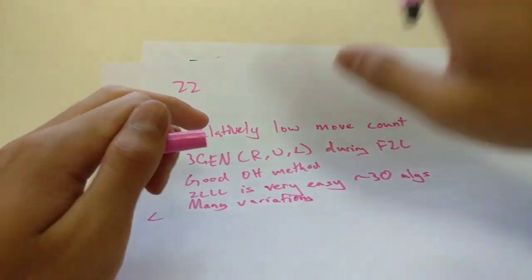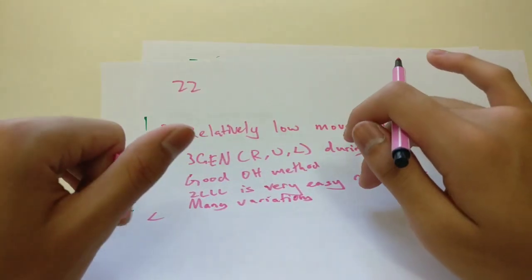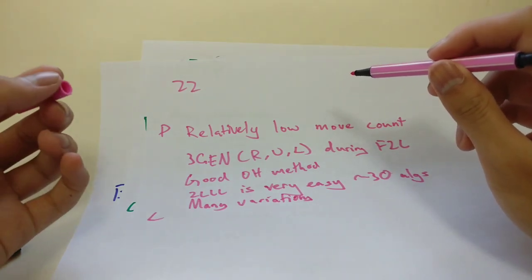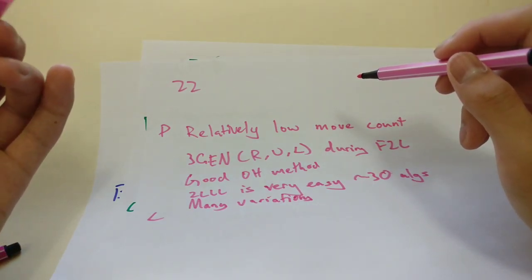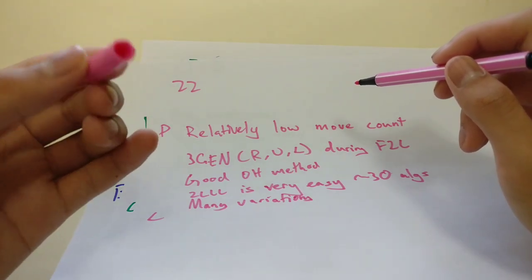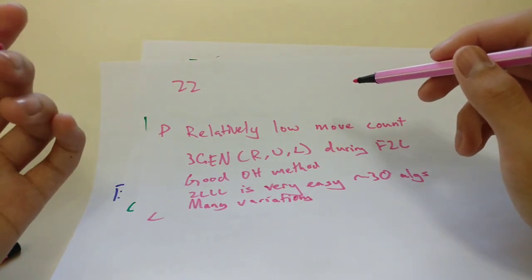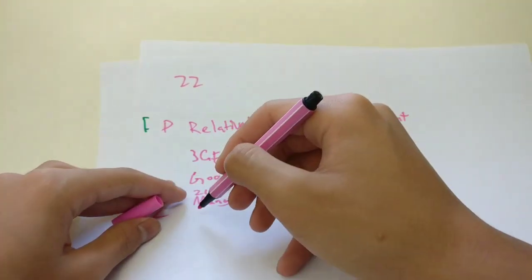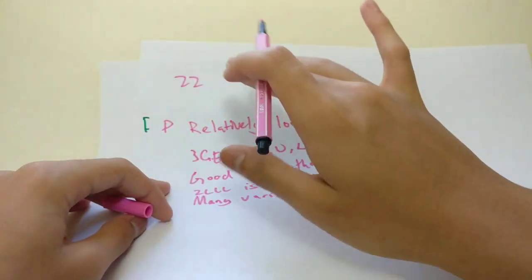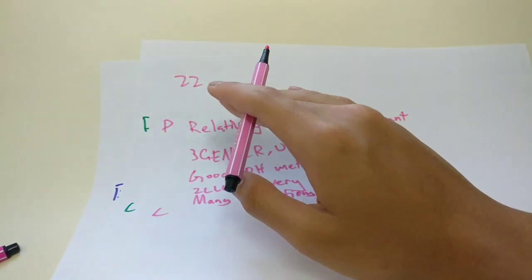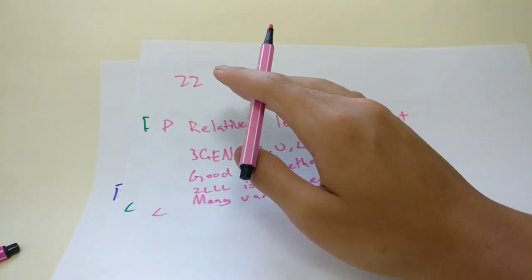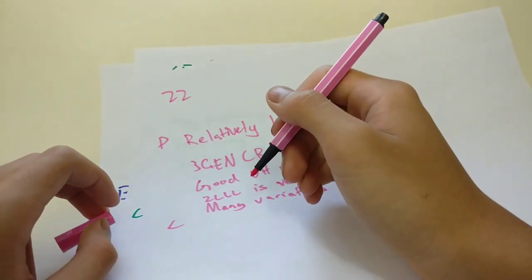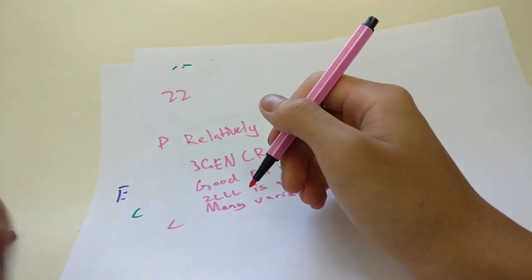So there are many more variations off of ZZ, and it's probably better than CFOP if you want a better learning curve kind of thing. But in general, it's pretty hard because the cons, in my opinion, outweigh the pros. But that's my opinion, because there are many ZZ solvers that are wonderfully good, like Chris Tran and Andrew Nicholson.